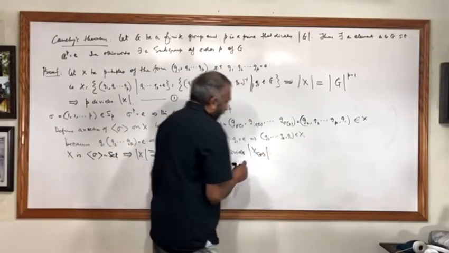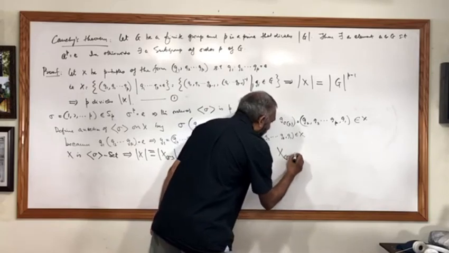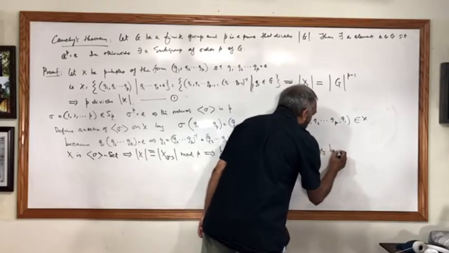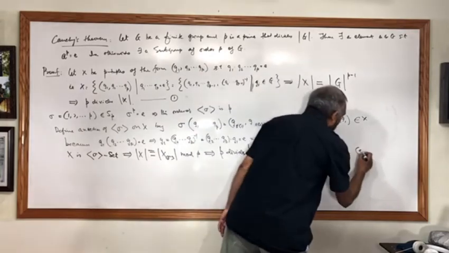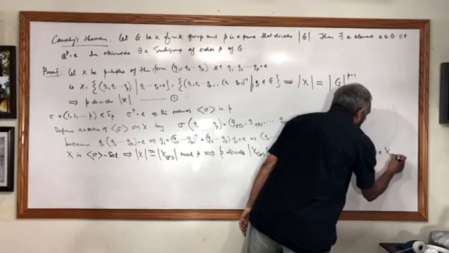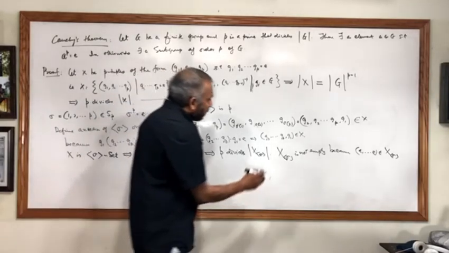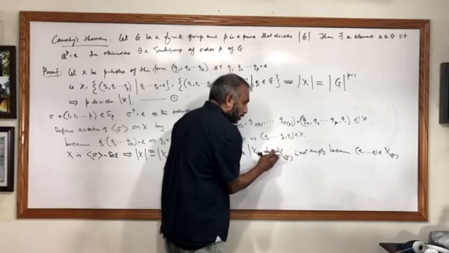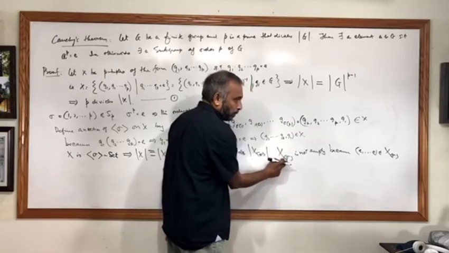Now X^sigma is not empty, because (E, ..., E) belongs to X^sigma. The elements of this are elements from X that are fixed by every element of this permutation subgroup.